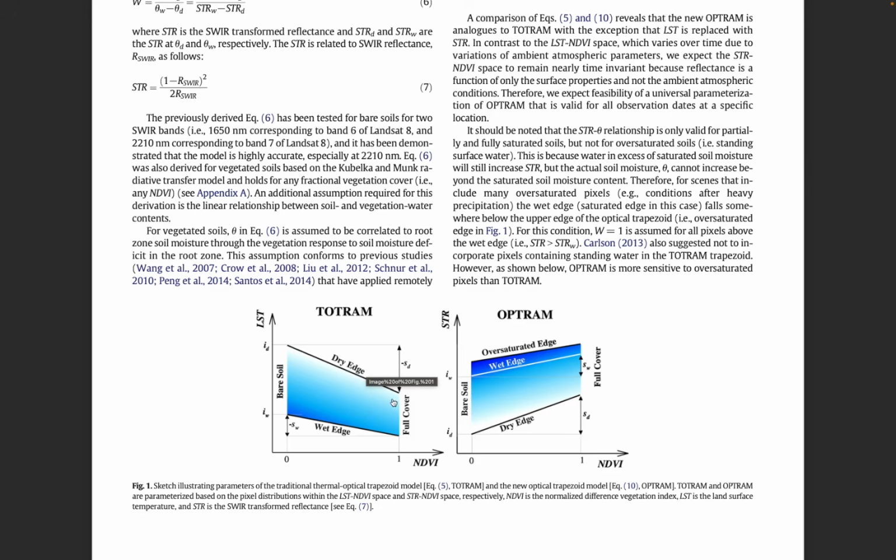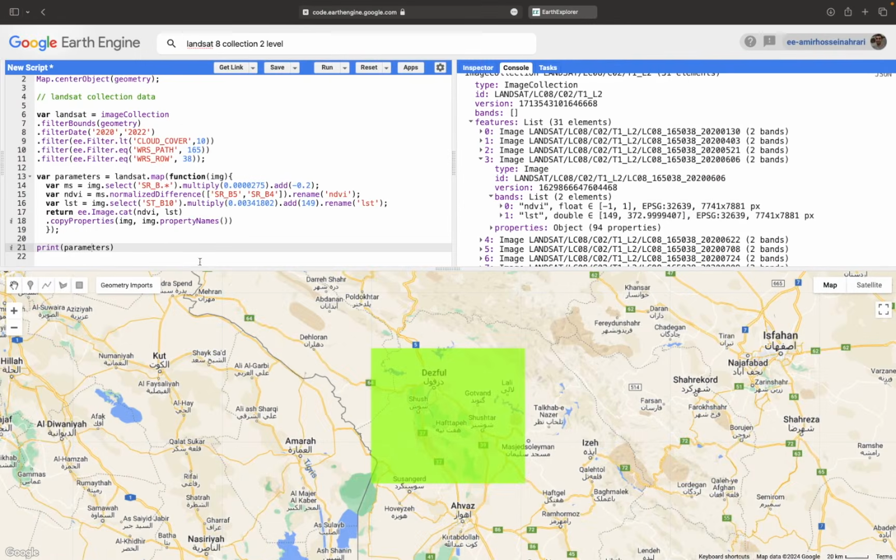So accordingly, we will have parameters such as wet vegetation, dry vegetation, dry soil, and wet soil that through the NDVI and LST relationship, we can calculate in the Earth Engine platform in the simplest way.